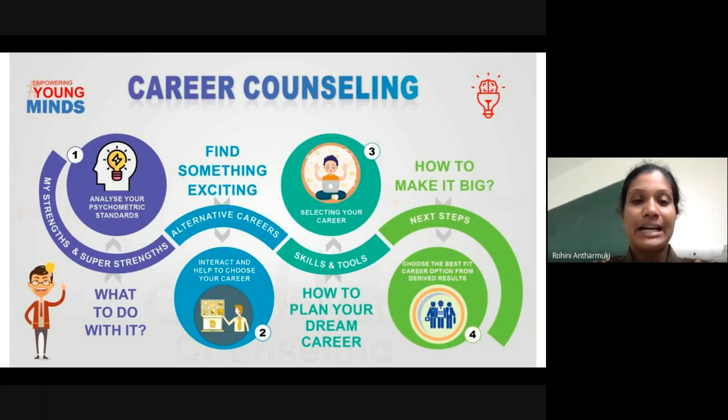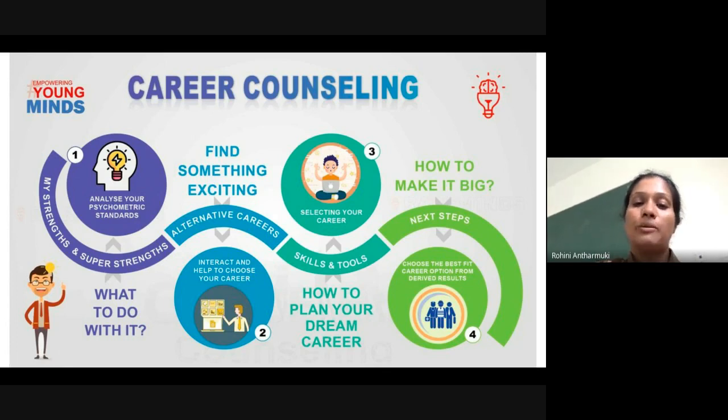When I say science, I need to know what the different careers available are. If not doctor, what are the other alternative careers, right? Nowadays naturopathy, Ayurveda, all of these have come up, and they stand at the same standards as being a doctor. So you need to know the alternate careers.